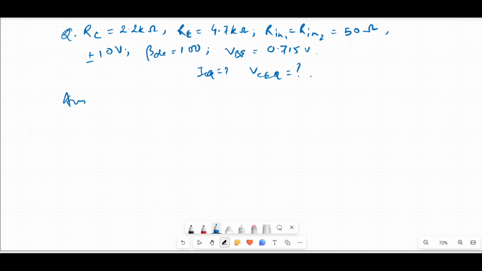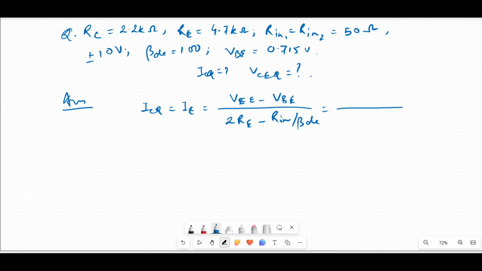From the analysis, as we know, the value of ICQ equals the value of IE, which is, as per the formula, VEE minus VBE divided by 2 times RE plus Rin divided by beta DC. Since we have the value of Rin and beta DC, we cannot neglect them. We have to apply them in the numerical.